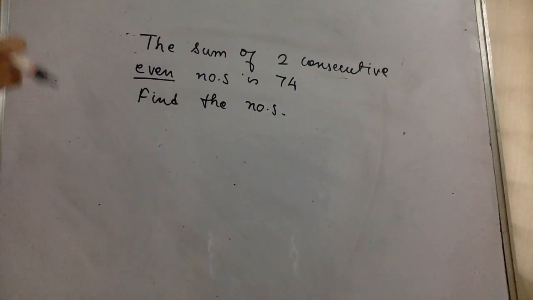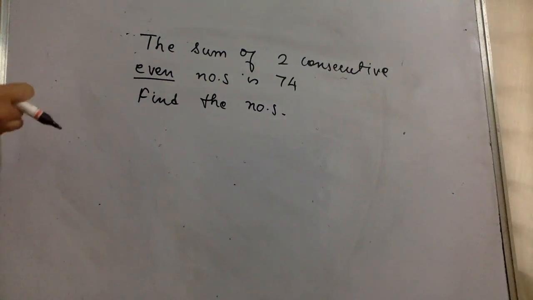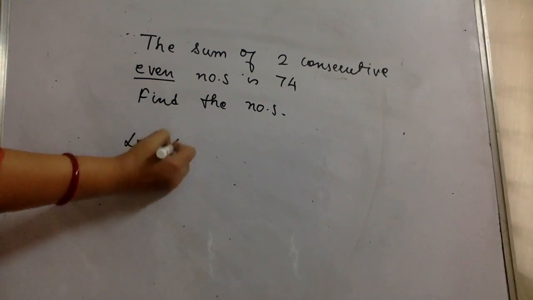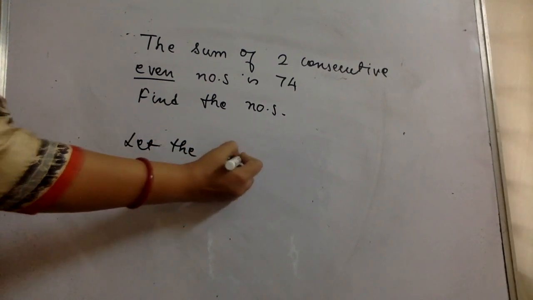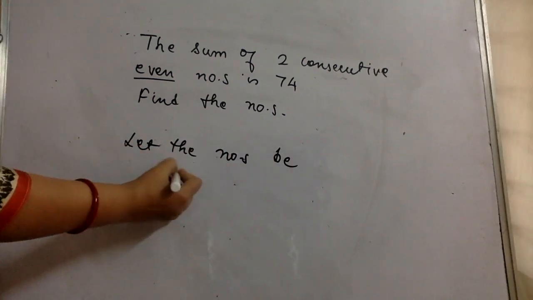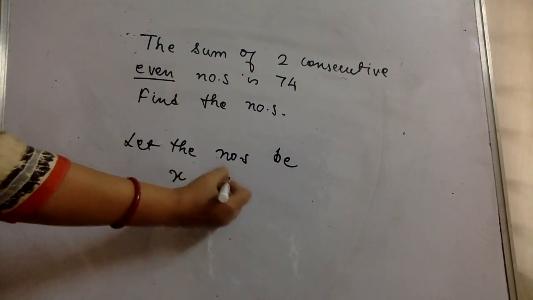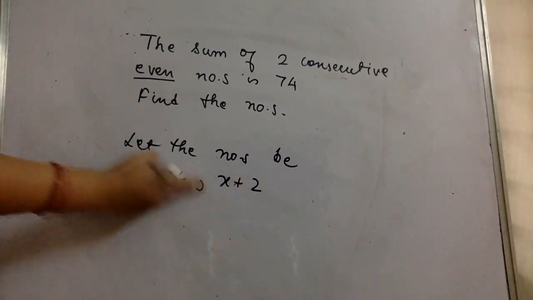So this time we are not going to take the natural numbers, but we are going to take the even numbers. So let the numbers be, the first number will be x, and the next number will be x plus 2. Remember this.